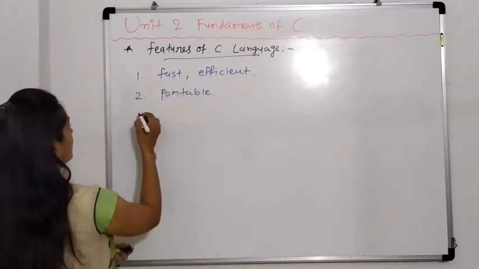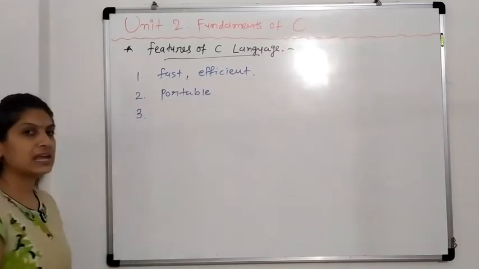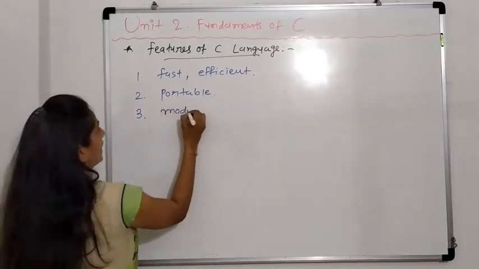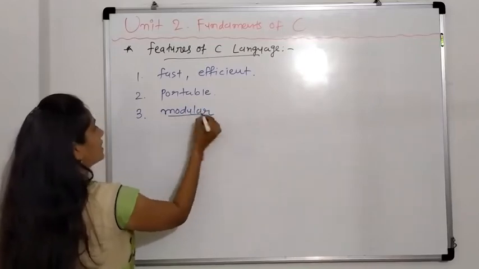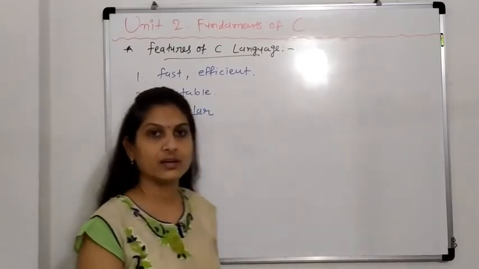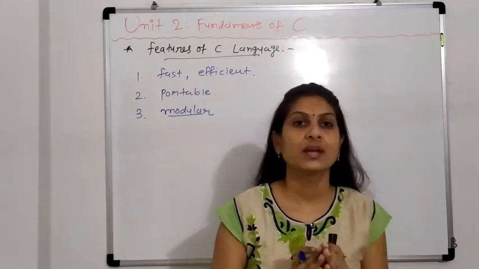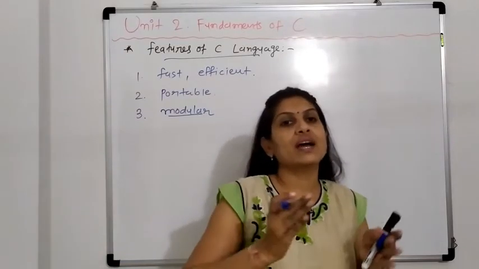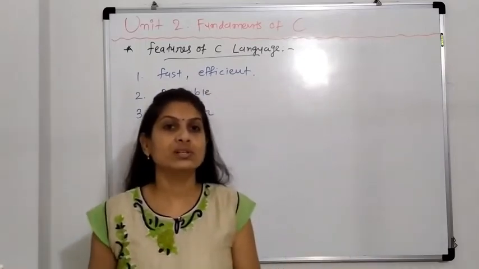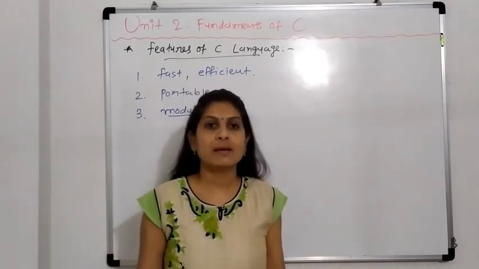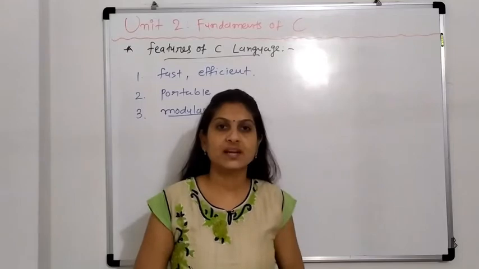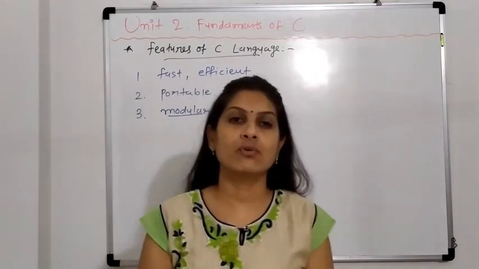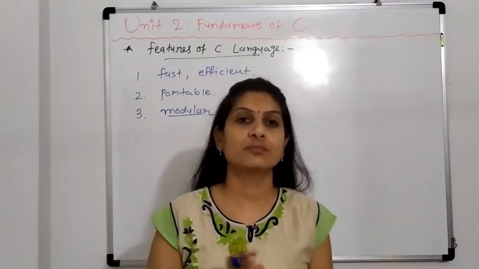Now the third feature of C language is it is a modular language. What is the meaning of modular? The word is modules. A large program, large software can be divided into separate modules. Each separate module is implemented by a separate, individual person, and one person can combine those modules into one large program.